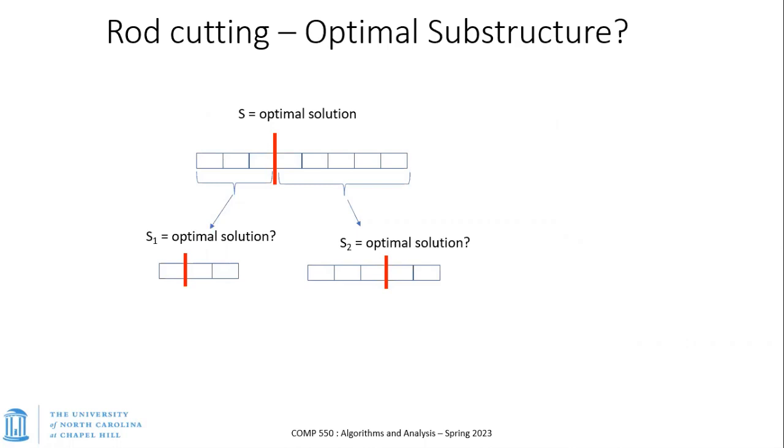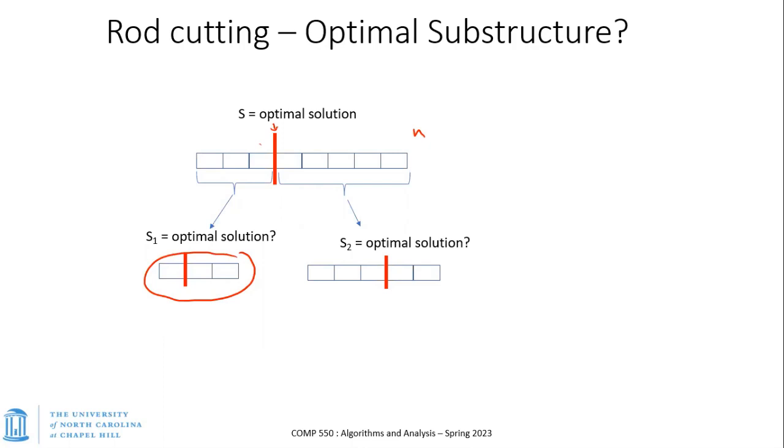If you have a problem of size n, and let's assume that you have an optimal solution which says, let's cut it up over here. Then the smaller problems, if this was a solution to S, so S1 and S2 comprised the solution to S, then do you think that S1 and S2 themselves would be optimal solutions?